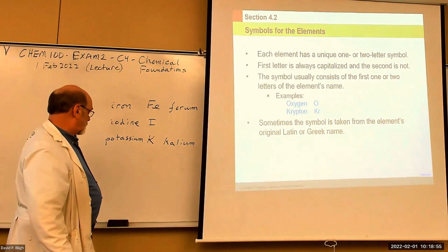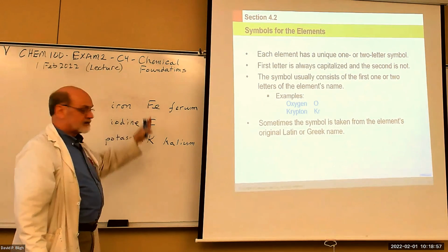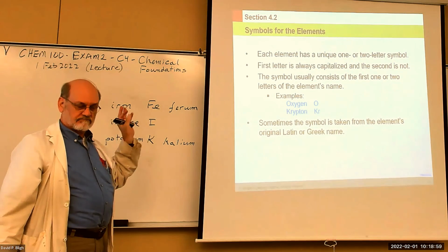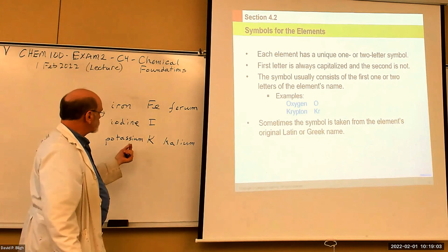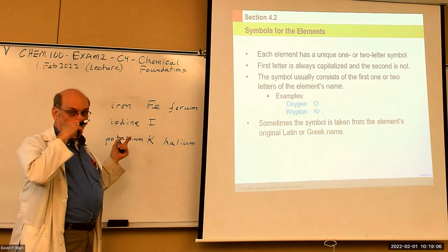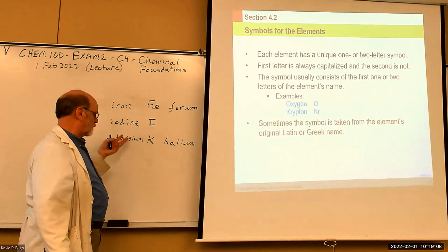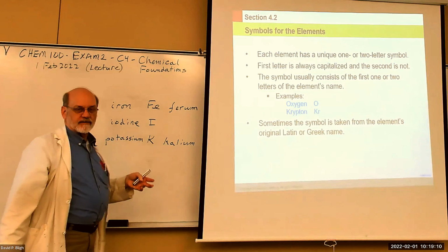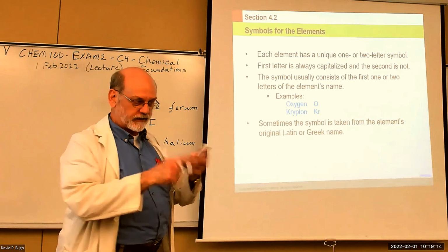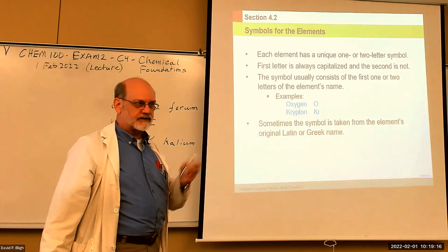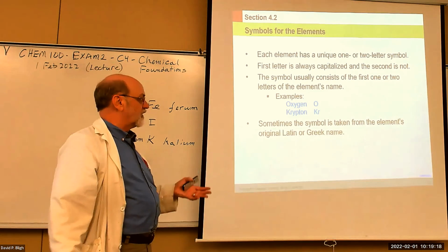So the symbols follow the pattern, capital letter or a capital and small letter, but they don't always come from the English. They can't be associated with the English. There's several of them like that. And you'll encounter them. Once you start learning the symbols, you'll find some that just don't match, and they're based upon the Latin.